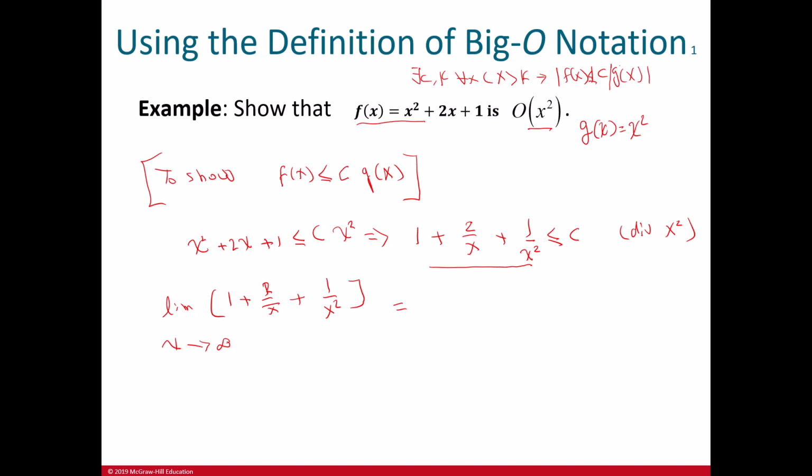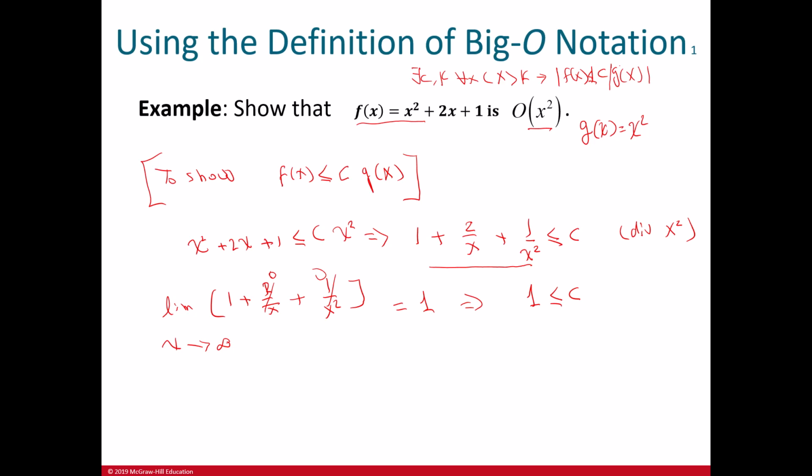What is the value here? When x goes to infinity, these two terms will be 0, so what is left is really 1. So we go back to this equation. This means that 1 is less than or equal to c.